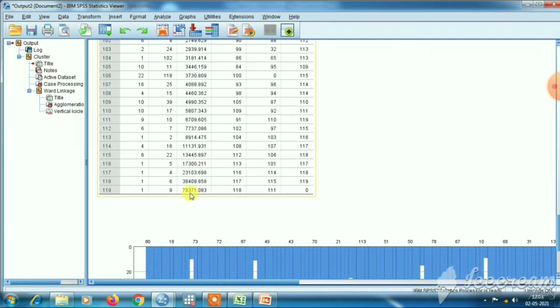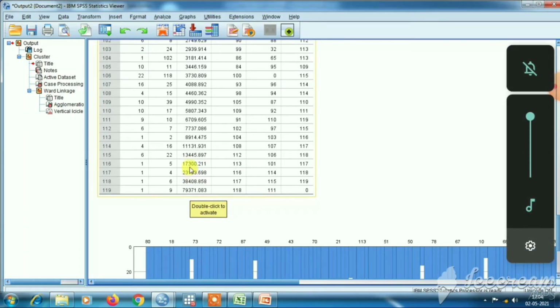Starting from the last one, we look for where an extraordinary jump has taken place. From this one, 3000, 3000, 4000, 4900, 5000, 6700. From 115 to 116, the jump is 4000. Similarly here also the jump is more than 4000.